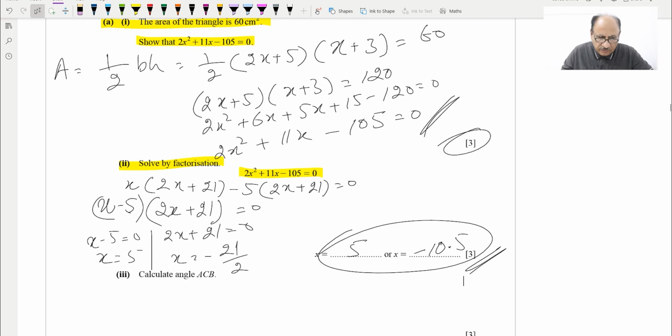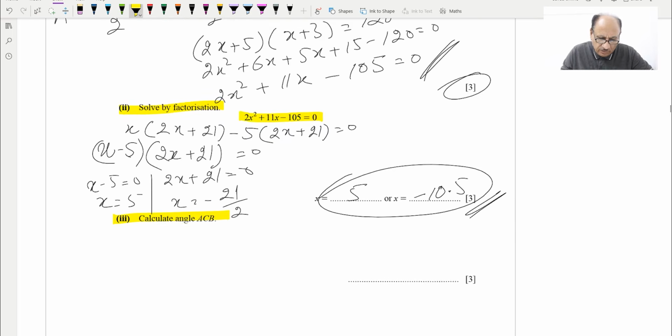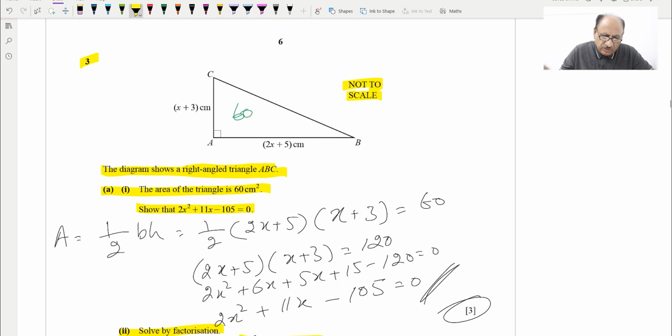Hopefully you understand this. Now they are saying part 3, calculate angle ACB. This is also 3 marks. ACB is which angle? ACB is this top angle. This is the top angle which we need to basically find. So we can take opposite over adjacent.